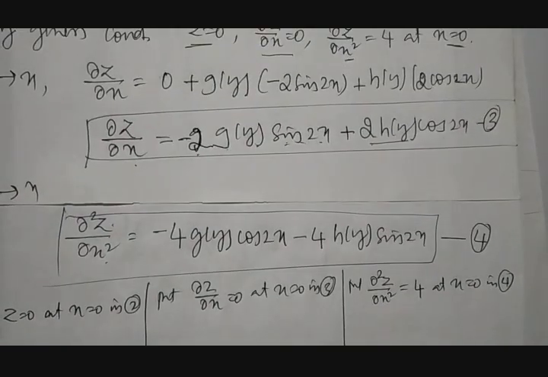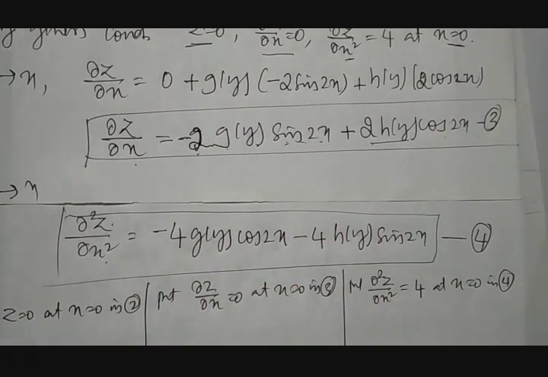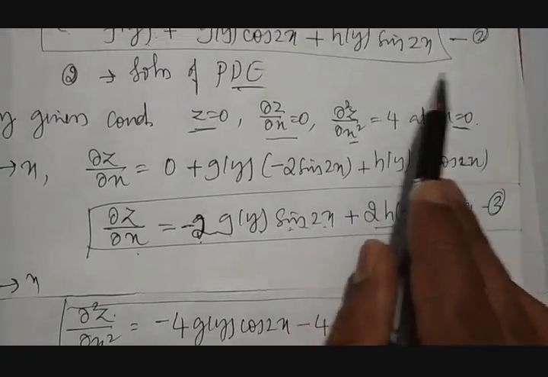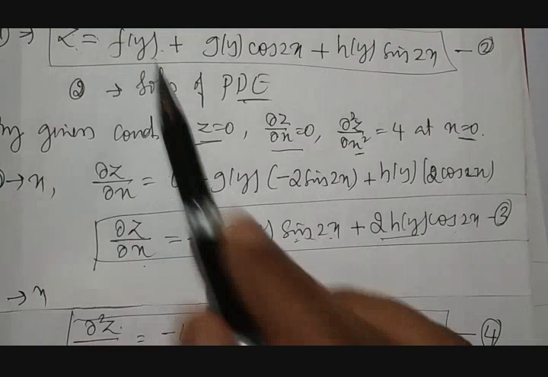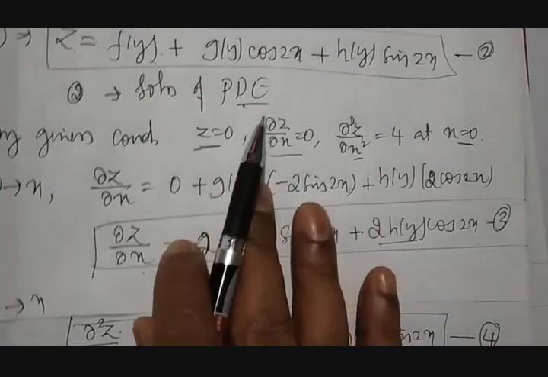Therefore, if you put it in equation number 2, then what we get? Equation number 2 becomes z equal to 0 at x equal to 0.